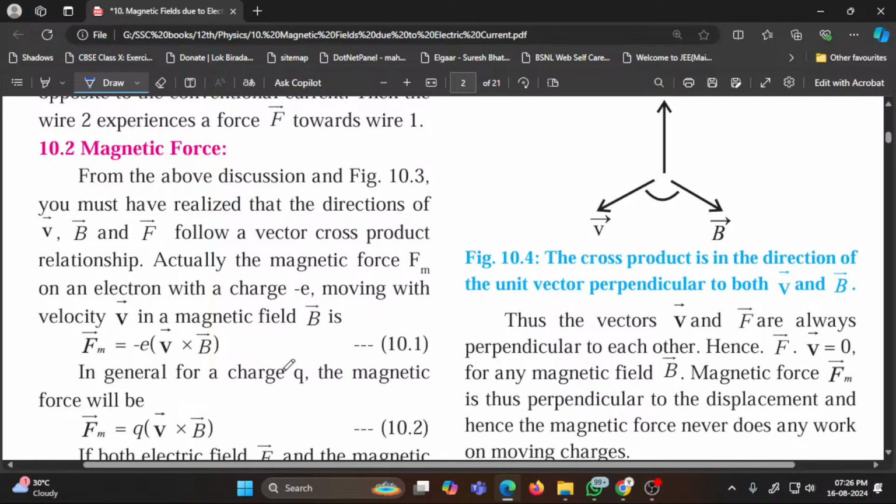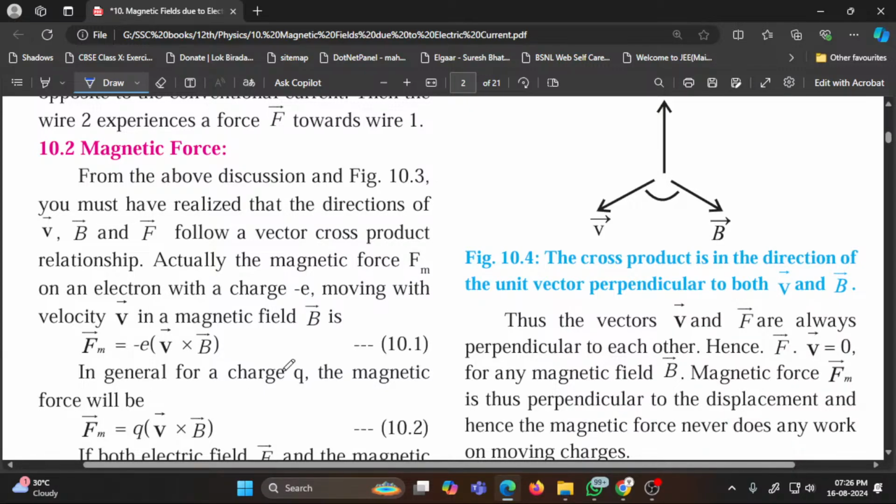Justification of this law can be found in experiment such as in point 1a and b. The force described is known as Lorentz force.